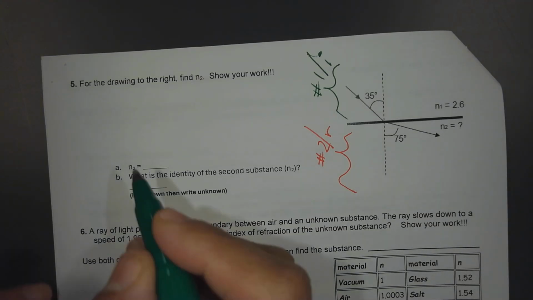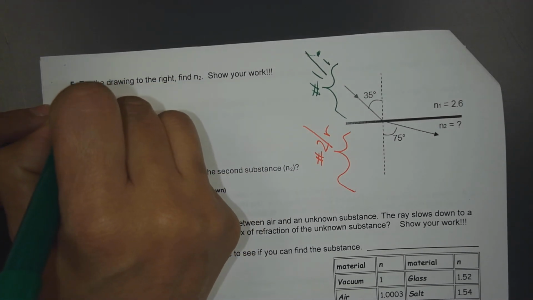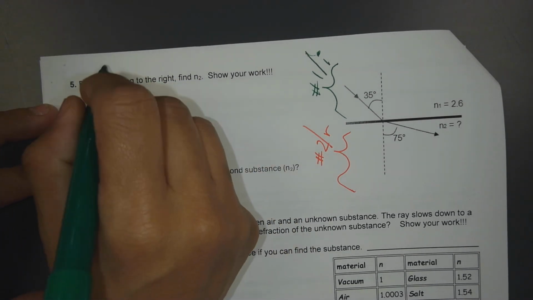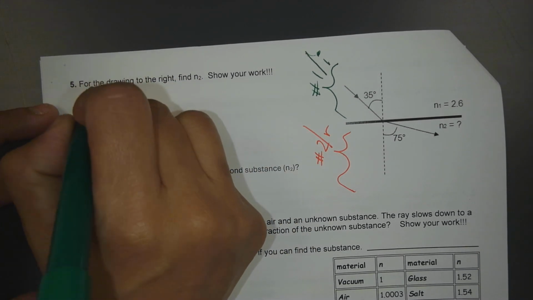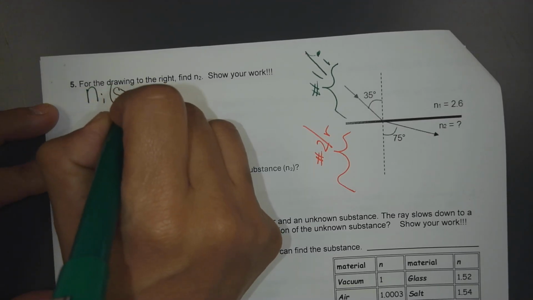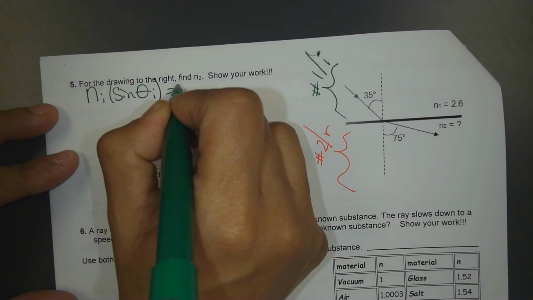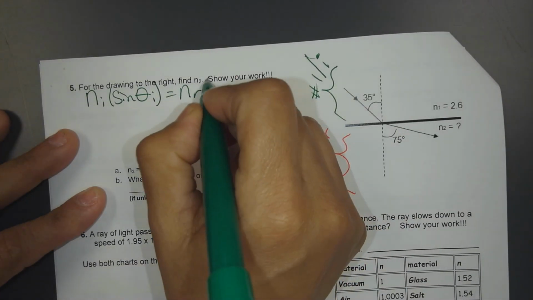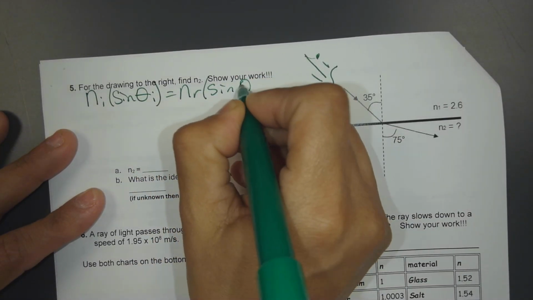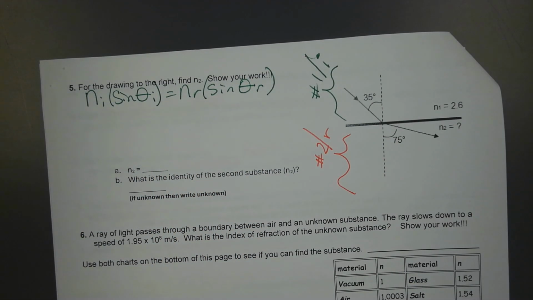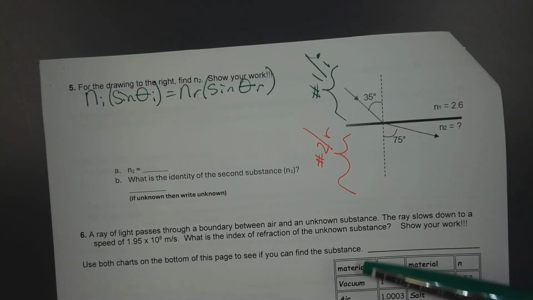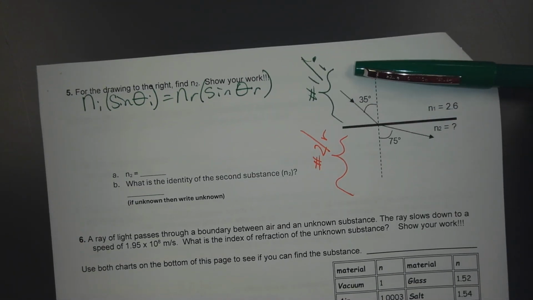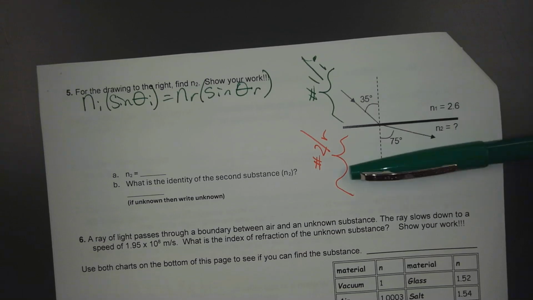So for this situation, Snell's law is going to be Ni times the sine of theta I equals Nr or N2, however you want to call it, times the sine of theta R or theta 2.